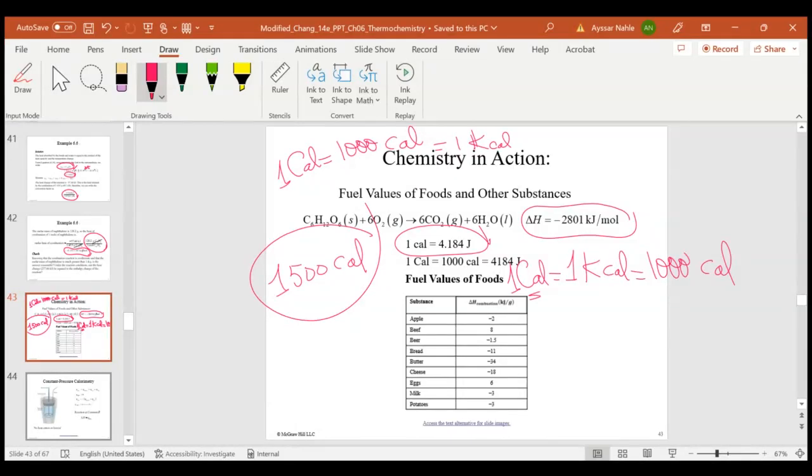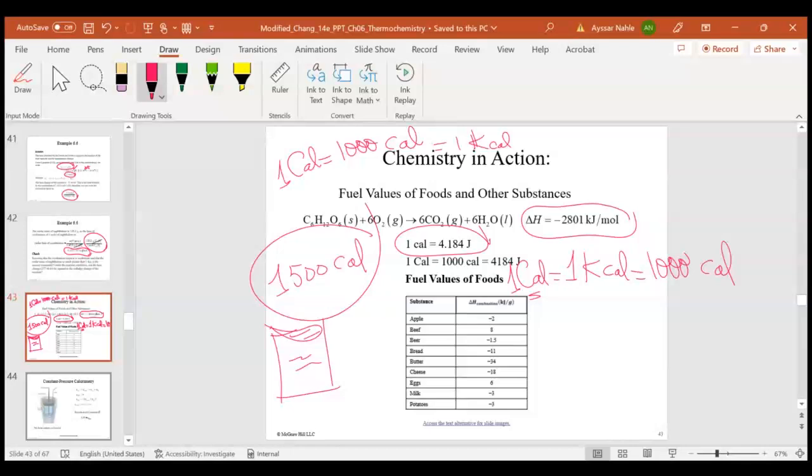Now, when you go to the supermarket and you look for a certain material you want to buy, you will see a lot of writing in here. Those people who are on a diet, the first thing they look at is the expiring date, and also they look for the amount of energy, which is the calorie value.